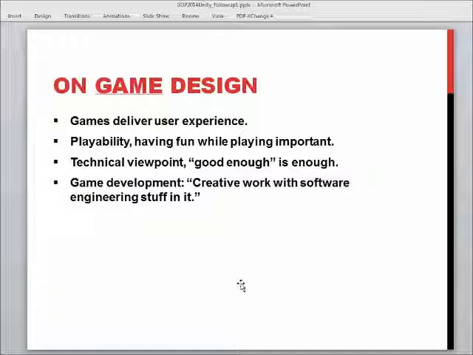If it runs fast enough, or it just slows down for a couple of seconds when a new level loads, we will not do optimization work or rewrite our algorithms to get rid of that loading problem. Unless the publisher says it's a problem, then we have to get rid of it, but otherwise good enough is enough.